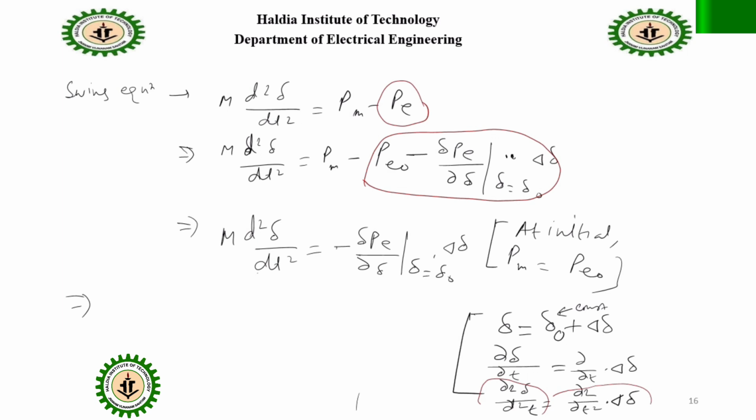So M d²Δδ/dt² plus ∂Pe/∂δ at δ equal to δ0 into Δδ.